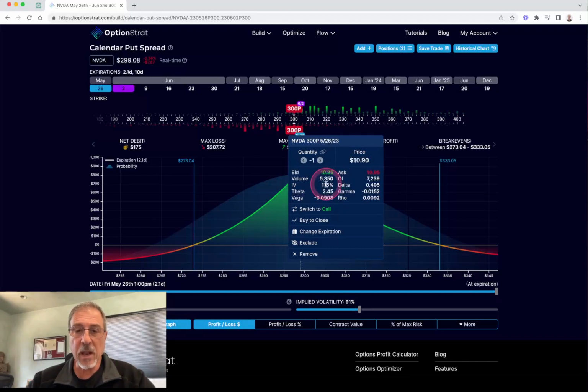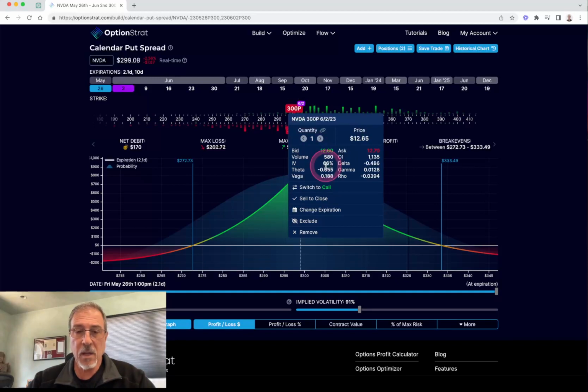Now let's take a look 1 week out. Let's look at the one we're going to buy long. So remember, 116 and call it 11 bucks. If we go 1 week out, our IV is less than half. Our IV is at about 66%, and we're going to have to buy that long put for $12.65.